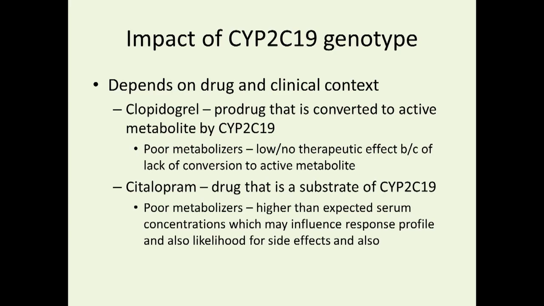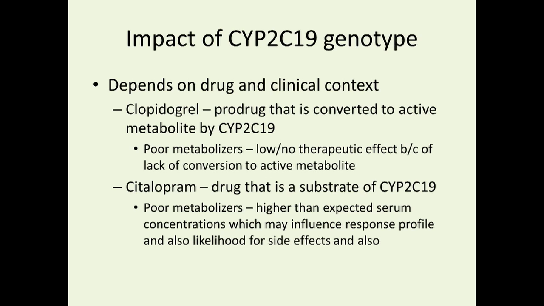One of the things I would like to continue to emphasize is that the impact of genotype, and CYP2C19 is no exception, depends both on the type of drug and the type of clinical context that one is involved with. So an example here that you've heard a few times and you'll hear a little bit more about is the idea of differences in outcome based on whether you're dealing with a prodrug or something that is simply a substrate for a particular enzyme.